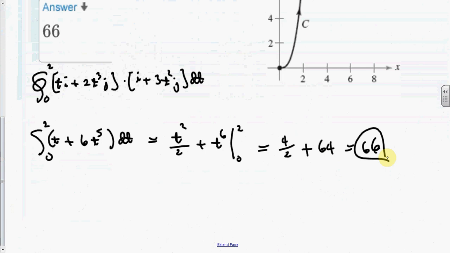Now let's find the work. If the path is like a circle or a helix or something like that, let's see how that one works out. Any questions here?